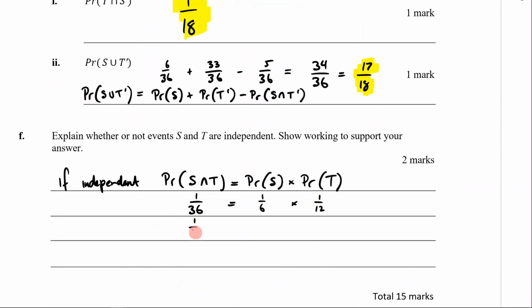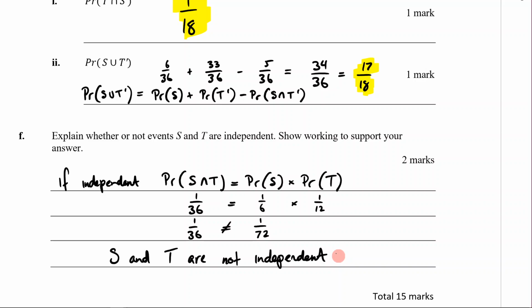Well, 1 on 36 is not equal to 6 12s, which are 72, so 1 on 72. These are not equal. So you would say S and T are not independent.